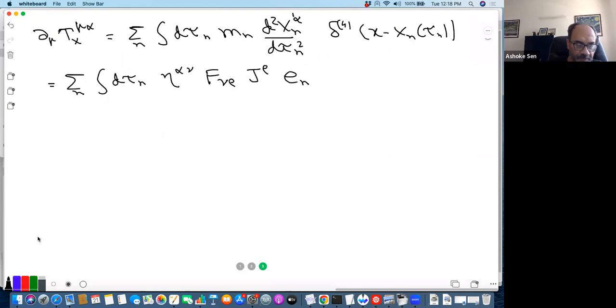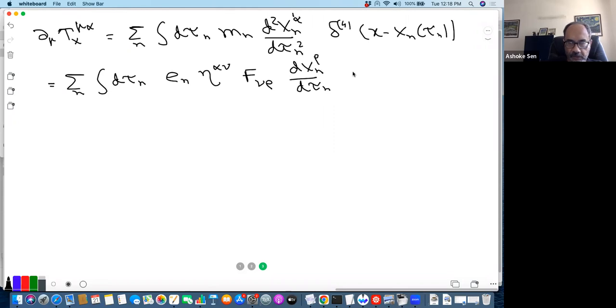Sorry, let me do one more step. So I write this as e_n eta^{alpha nu} F_{nu rho} dx_n^rho/d tau_n. That's the Lorentz force law. Delta^4 of x minus x_n of tau_n.